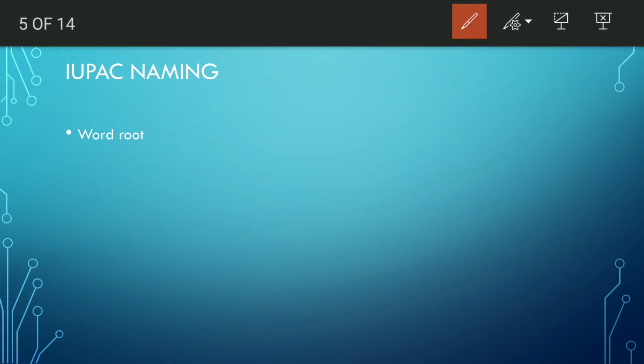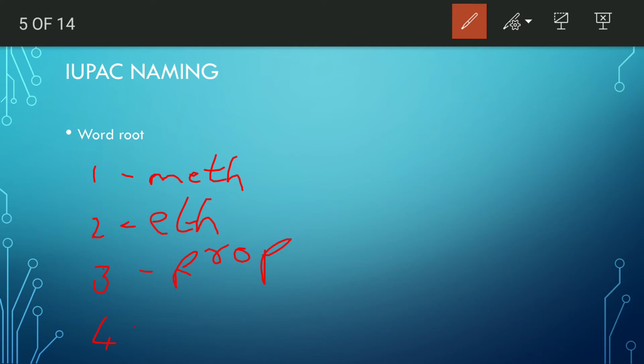So if I have 1 carbon, I would call it as meth. If I have 2 carbons, I'll name it as eth. If I have 3 carbons, I'll name it as prop. And 4 carbons, but. 5 carbons, pent.